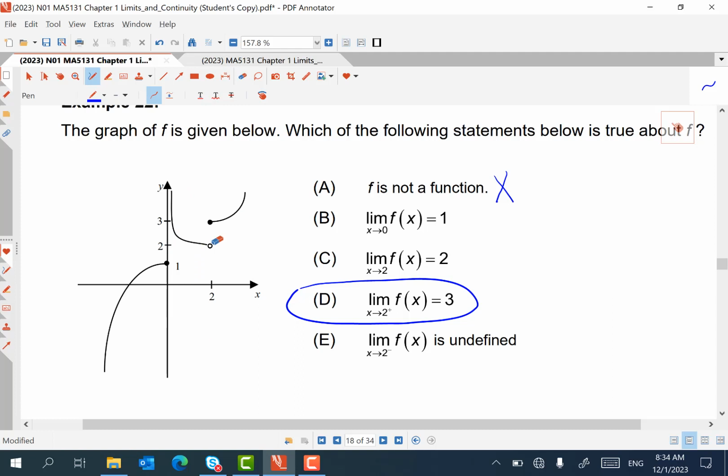Why is this statement false? The left and right limits don't agree. Why is this one false? Same reason. And it says the left limit is not defined, which is not true. The left limit is actually 2.